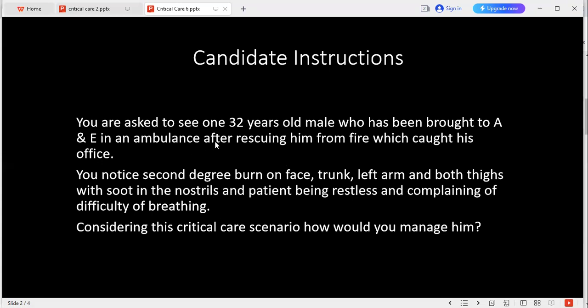If a patient like this could have laryngeal edema, you will intubate. How long would you intubate a burn patient?